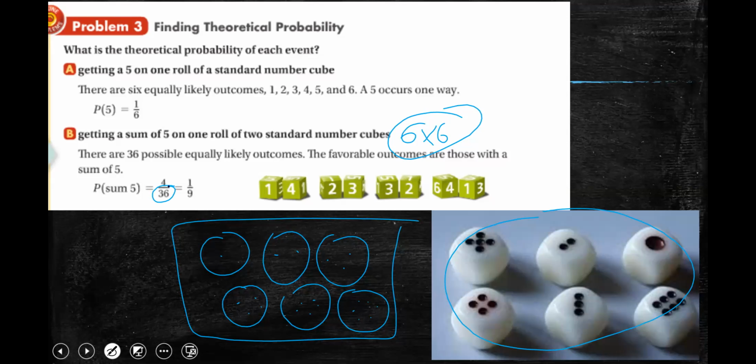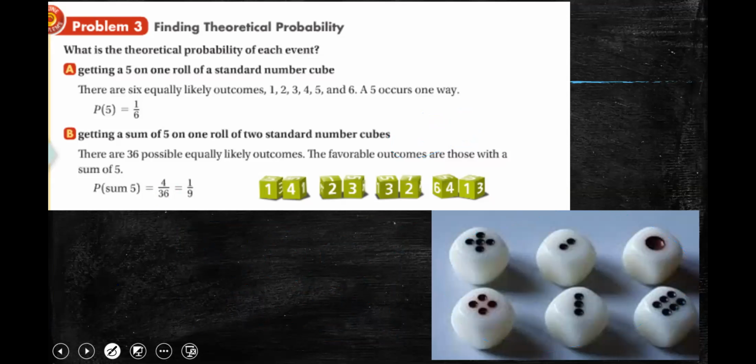Now, what is the question? The question is getting a sum of 5. What does it mean? That means if you toss or roll the number cubes here, you know that you have 1, 2, 3, 4, 5, and 6.